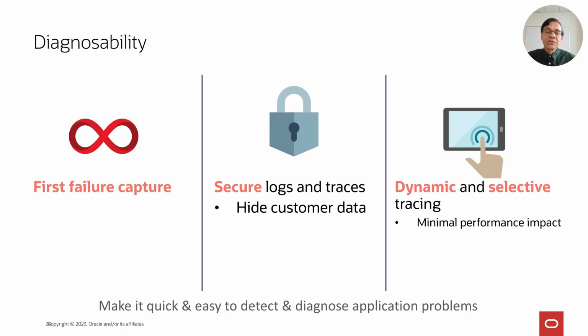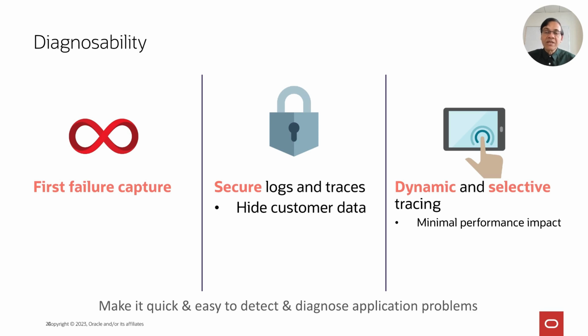And then we also allow you to enable tracing, and by default, secure mode is enabled and your customer data is hidden. But if you want to look at all the packets, you can still do it, which can be very useful for a development environment by setting some parameters.